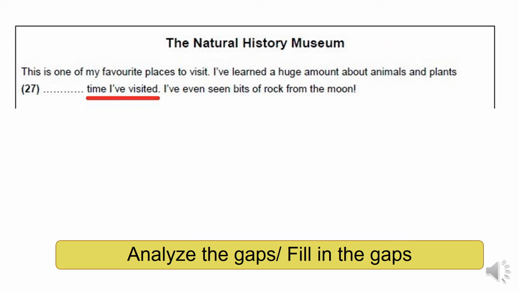Analyze the gaps and fill in the gaps. So, first you need to analyze the gaps, and then later on, you have to fill in the gaps. The next step, which is analyzing the gaps, should always be to look at the gaps and the information you can find before and after each gap.